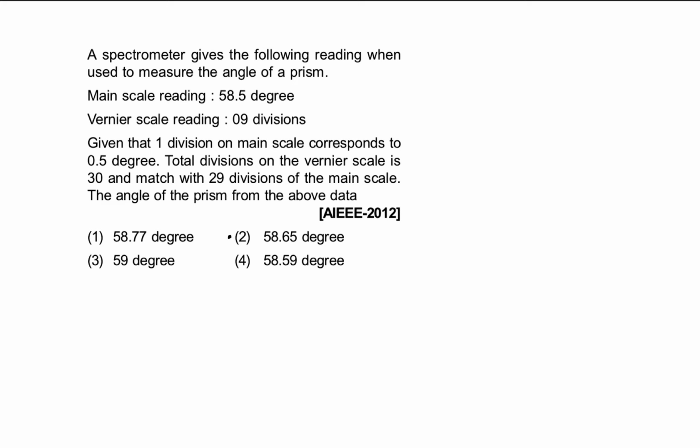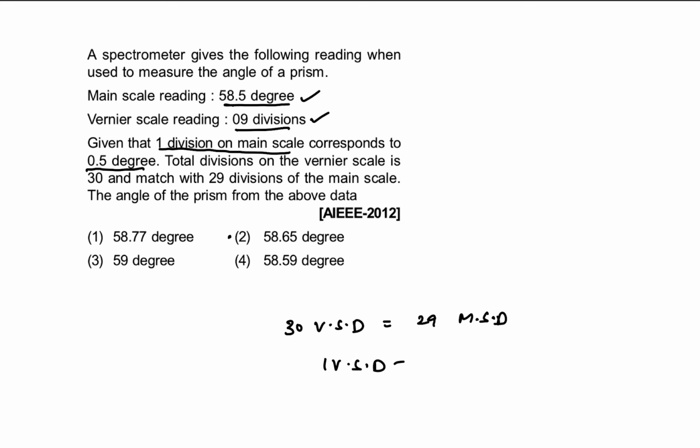A spectrometer gives the following reading. You can check that the main scale reading is given. You can read the question by yourself. Main scale reading is given, vernier scale reading is given. One division on the main scale corresponds to 0.5 degree. Again they have given 30 vernier scale divisions coincide with 29 main scale divisions. One vernier scale division is 29 by 30 main scale division.